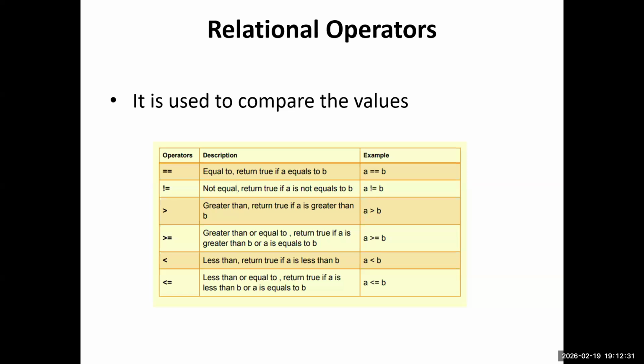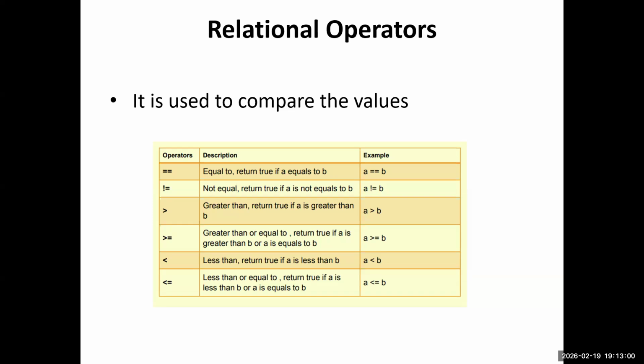Then it is possible to give two solutions or one solution for a given problem. Suppose you want to write a program to check whether the given number is greater, you can give only one solution: A is greater than B, A is greater, that's all. Suppose we check whether the given number is greater or not.